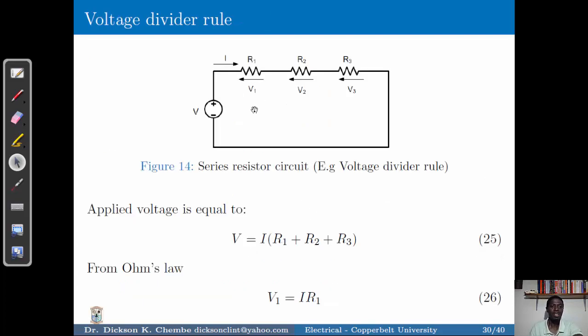Now, the voltage divider rule on the other side looks at the resistances being connected in series. And this is applied again by applying Kirchhoff's voltage law around this closed loop. So we are saying the sum of voltage sources should be equal to the sum of voltage drops.